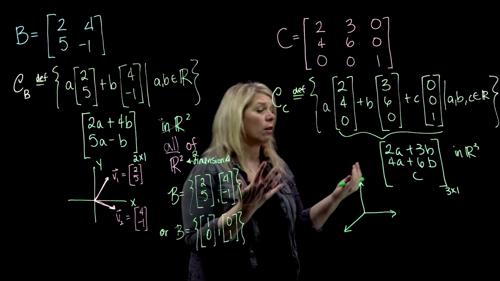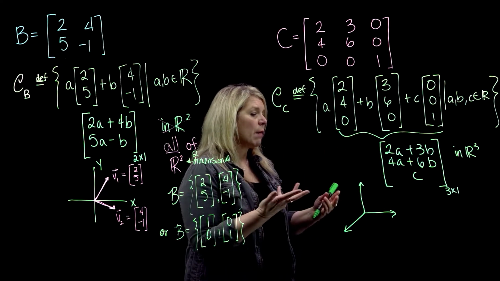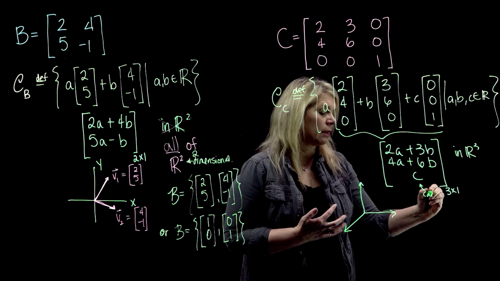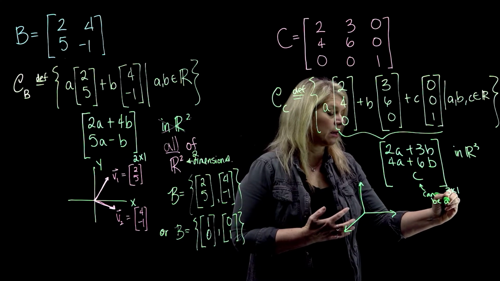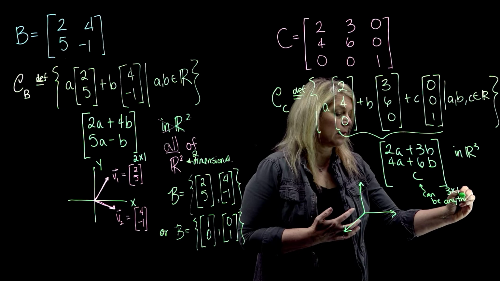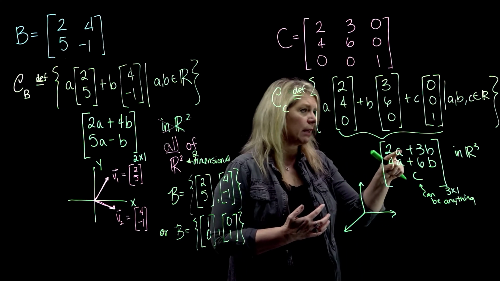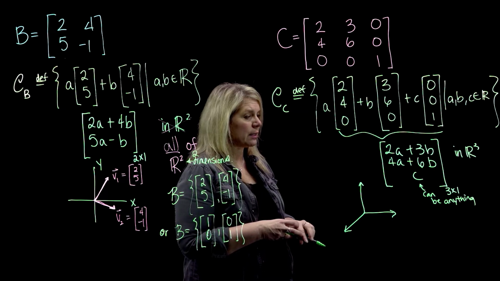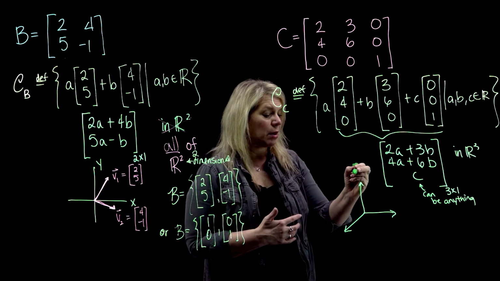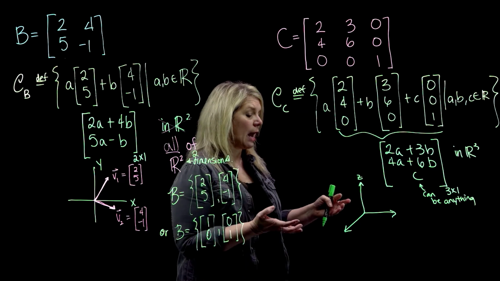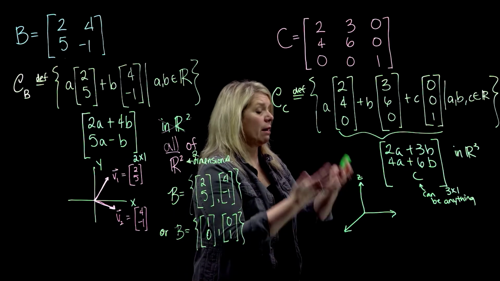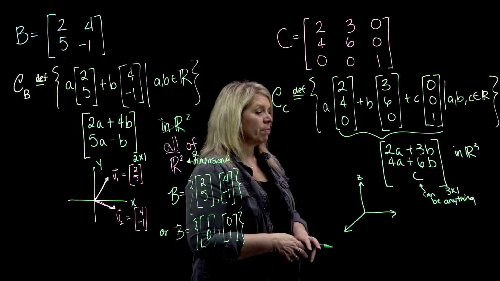The question is, is it all of R3? I might notice that that third entry really can be anything, and is not really related in any specific way to the other two entries in this matrix. So in terms of an XYZ coordinate system, we might think about that as the z direction; essentially we're going to have everything all up and down in the z direction.